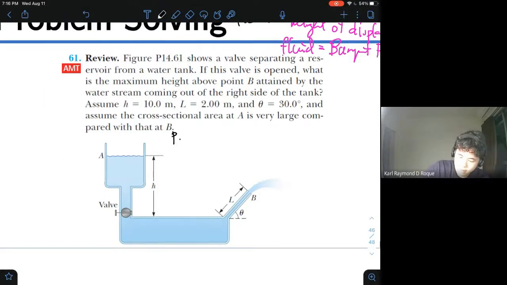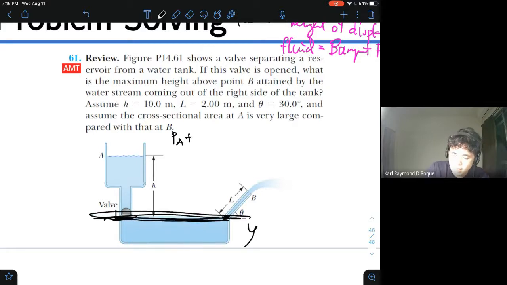PA plus, ito, let's compare at these 2 points. Ito, wala tayong paki dyan. PA plus rho GH plus 1/2 rho VA squared equals PB plus, ano to?